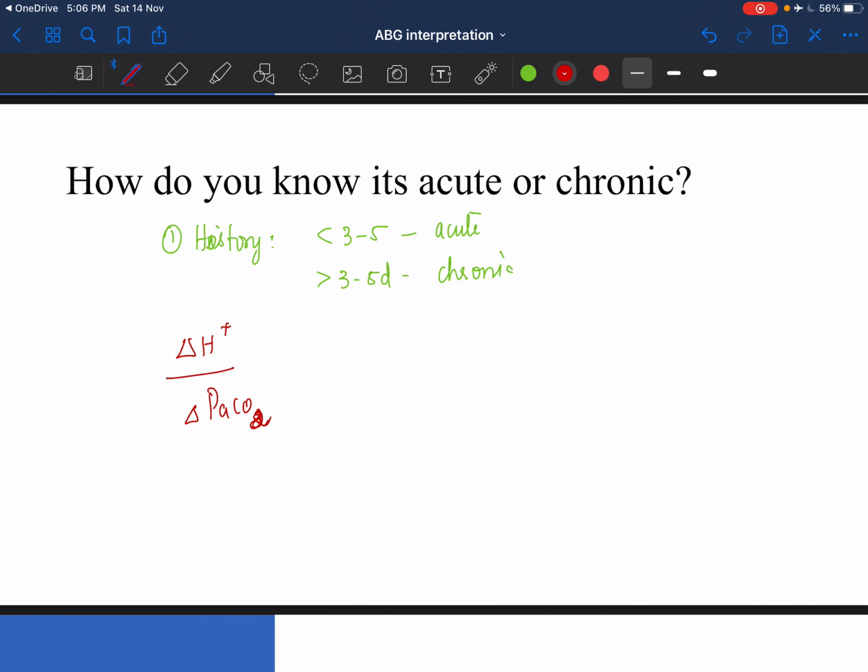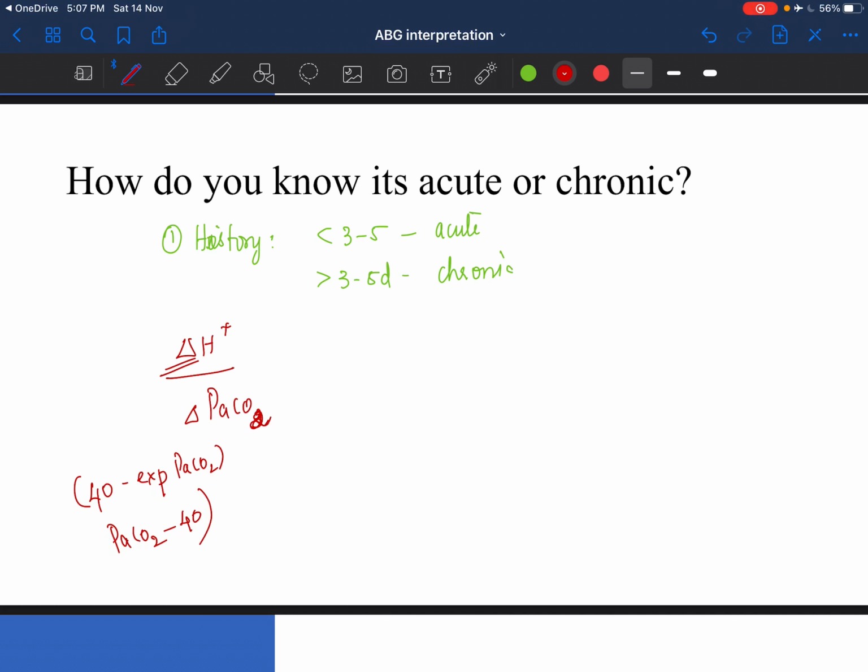Okay. So, when I say delta PaCO2, it means the difference, meaning 40 minus your expected PaCO2 or the existing PaCO2 minus 40, depending upon your acidosis or alkalosis scenario. Whenever you see delta, it is always a difference.